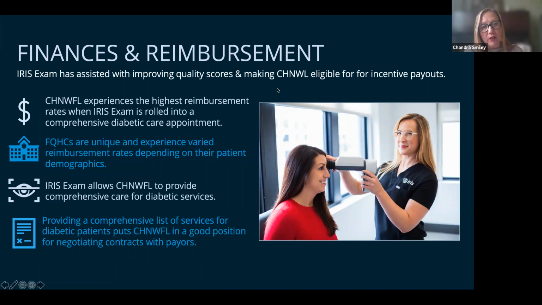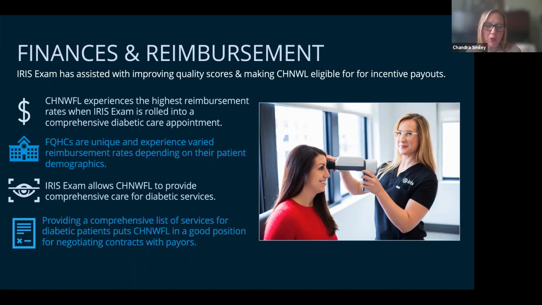Also, having the diabetic retinal scan available for our diabetic patients helps to close some of those care gaps that the managed care organizations look at in terms of incentive payouts or packages. So when we're able to close those metrics, it certainly adds to our score and our eligibility for incentive payouts.